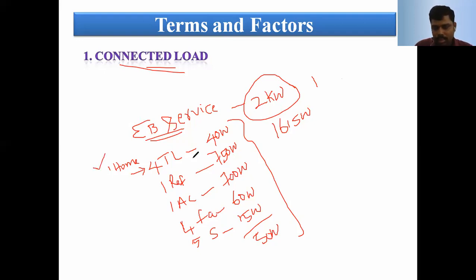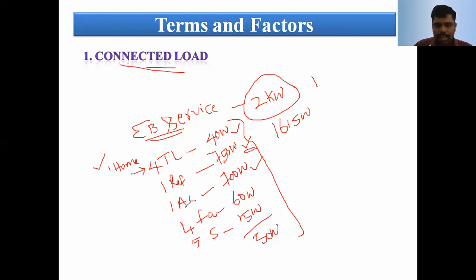But all the appliances are not used at a time. For example, with the 4 tube lights, they are never switched on at the same time. Maybe 2 tube lights are used, and the remaining 2 are off. The refrigerator will be in on mode, and the compressor is on for 12 hours and off for 12 hours.